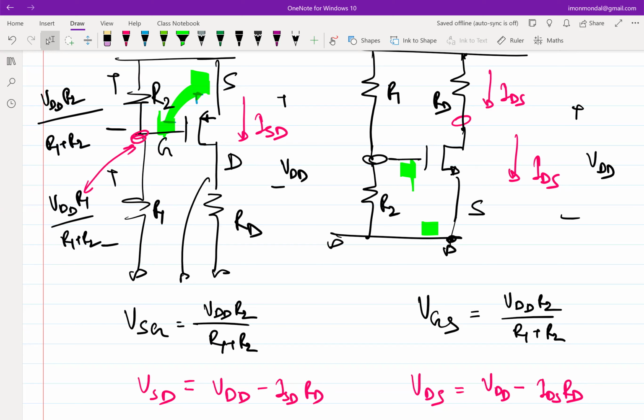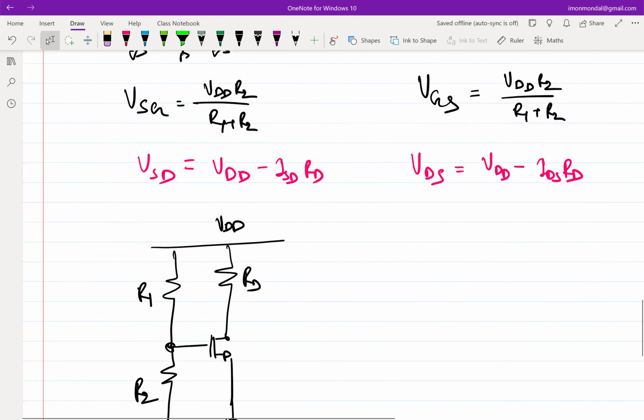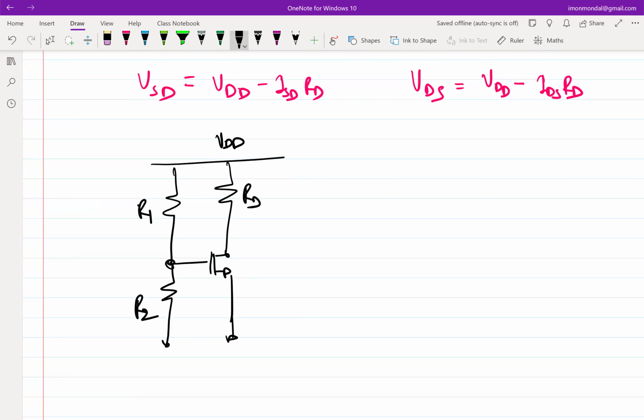Effectively, we are trying to manufacture a VSG incrementally. In this case, we would like to manufacture a VGS incrementally. Your source is already grounded, so your incremental input should directly appear at the gate.